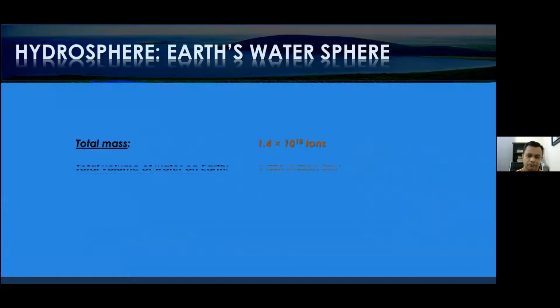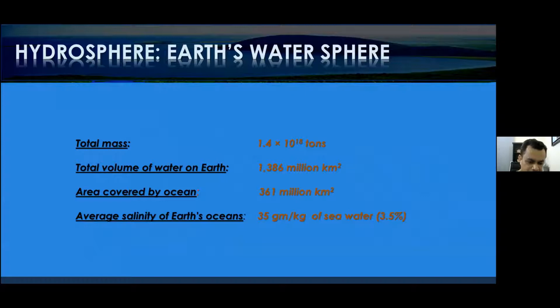For this 71% of water, the total mass is about 1.4 × 10^18 tons. That is a huge mass. If you think about the total volume of water on Earth, it would be around 1,386 million cubic kilometers.